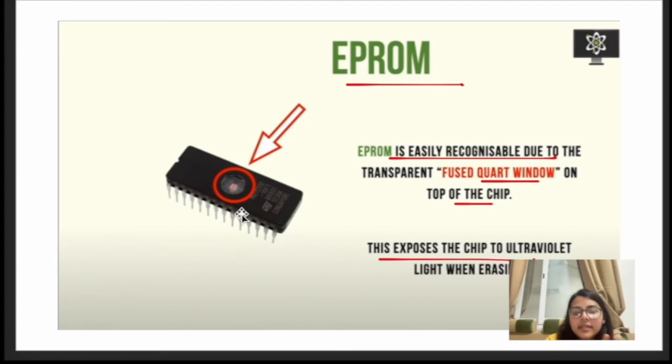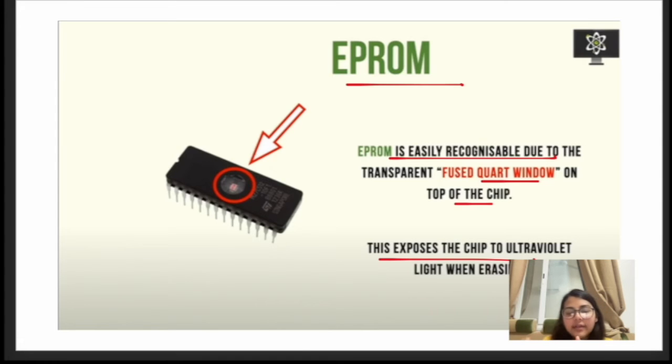the data. Hence, in order to change the data on an EPROM, what do we need to do, students? We need to expose it to ultraviolet light, and with the help of ultraviolet light, this erases the data, so we can program it. And it does not use burning like PROM or traditional ROM.